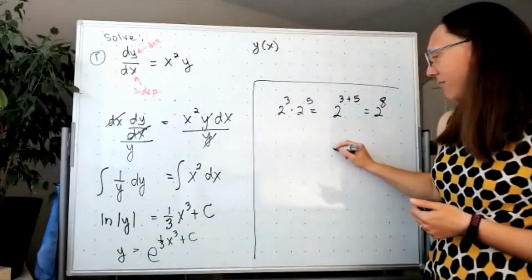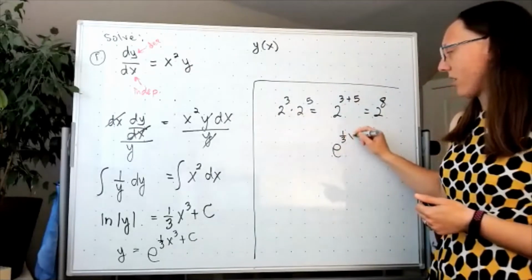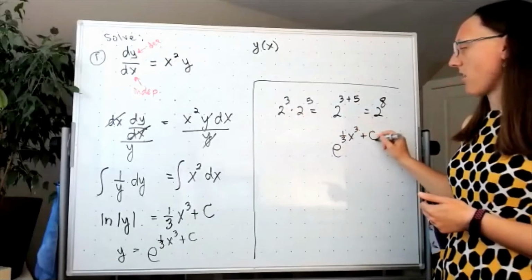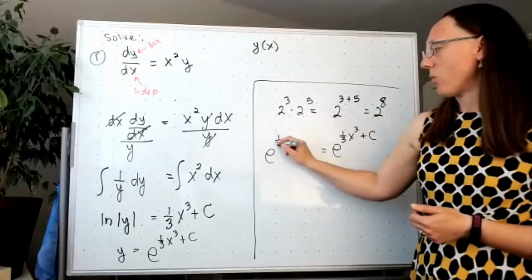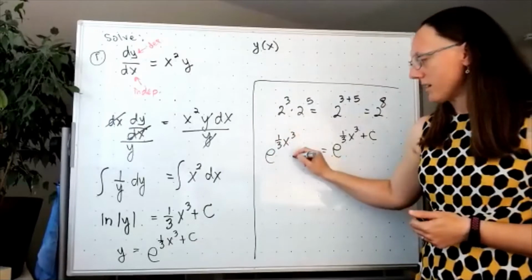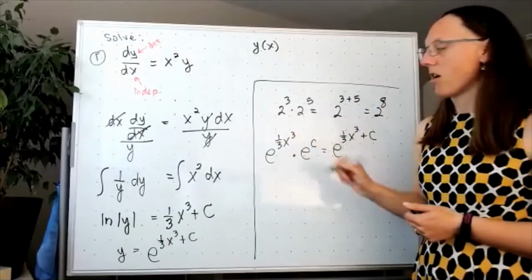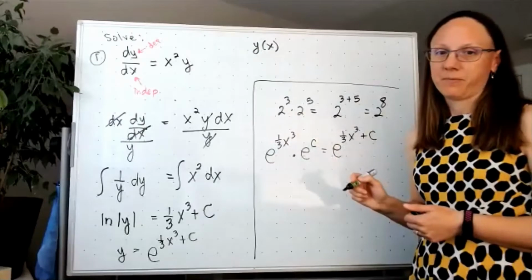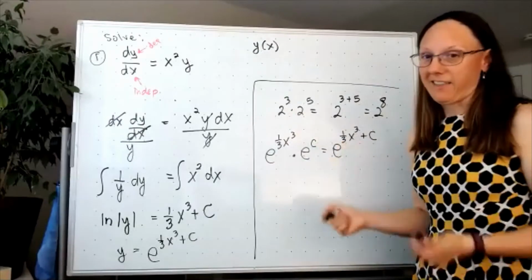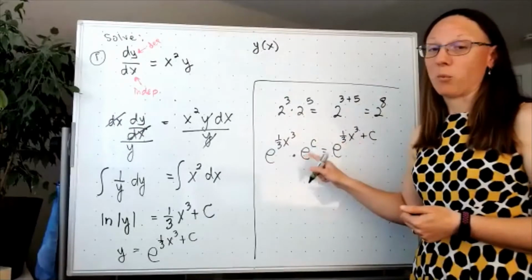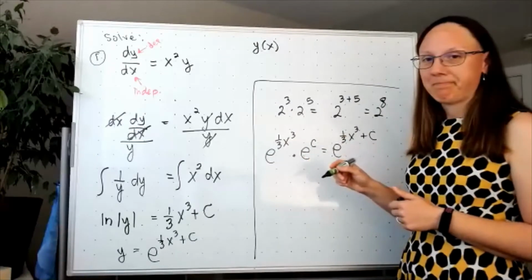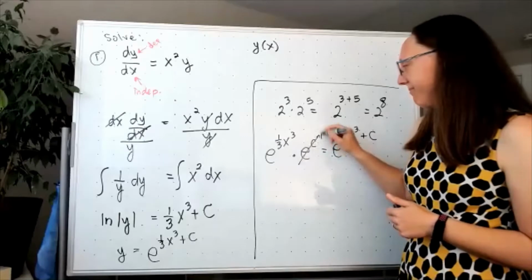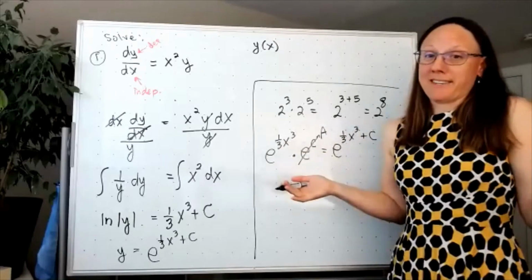So right now, I've got e to the 1/3 of x cubed plus a constant, but I'm going to choose to rewrite that as e to the 1/3 of x cubed times e to a constant. And then in my last step, I'm going to say, wait, e raised to some constant is some new constant.